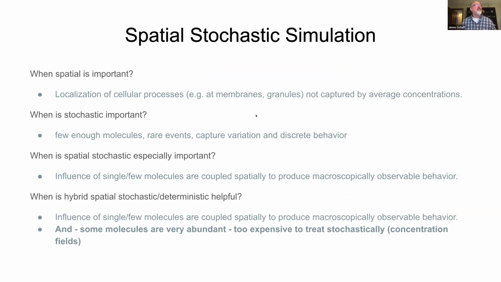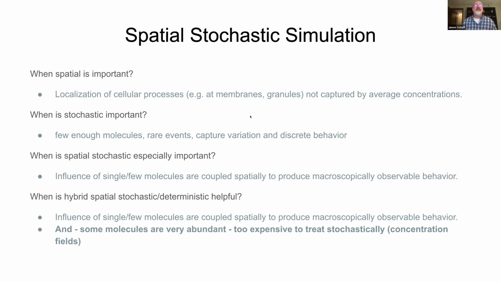So when is spatial important? Say the localization of cellular processes that are not captured by the average concentration, right? Where there's behavior that is influenced by local concentration. That's one of the motivations for using spatial modeling. Stochastic, when's the stochastic compartment?